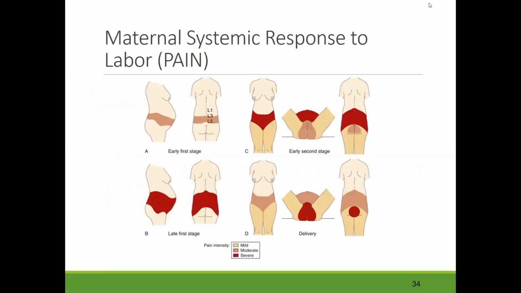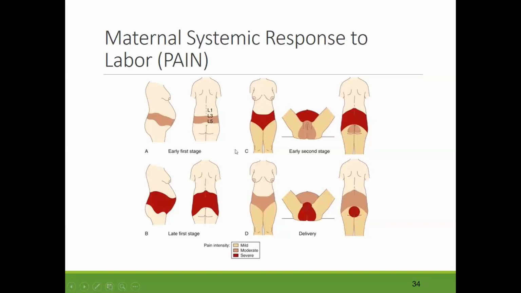All right, and then the last slide here is maternal systemic response to pain of labor. When you look at these pictures, we have the first stage of labor, which is at 0 to 3 centimeters, then the second stage, the late stage, and then the delivery.